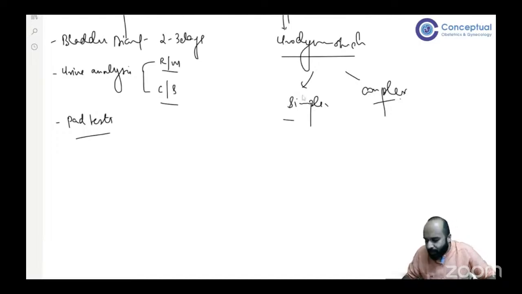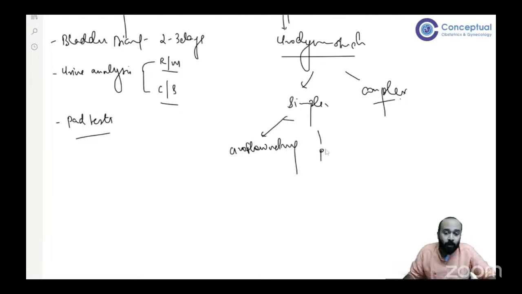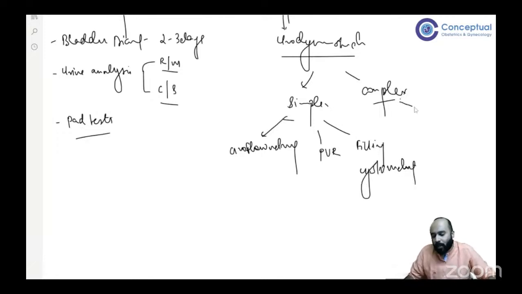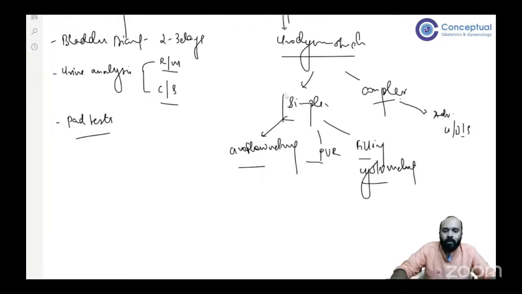In simple tests, I will have something called a uroflowmetry, post-void residual volume, and lastly, filling cystometry. Complex urodynamic studies are going to be advanced urodynamic studies. First, talking about the simple urodynamic studies.